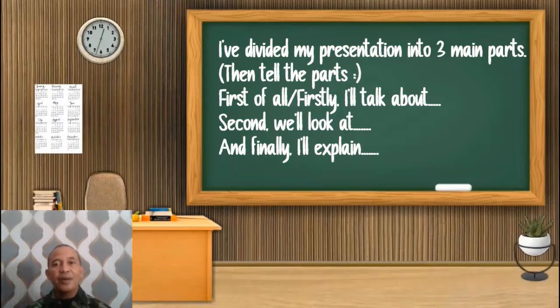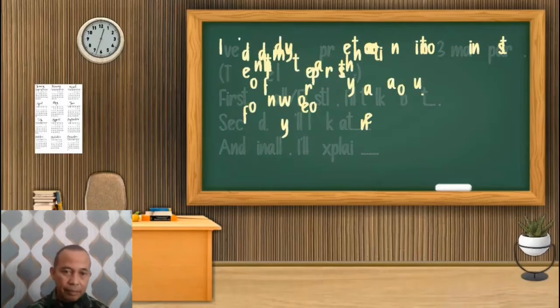So first of all, or you may say firstly, I'll talk about, and then mention the first main point that you have. And then after that, you say second, we'll look at, and then at the end, or this is the last one, usually we use the word finally. And finally, I'll explain, and then mention what. So again, it depends on the topic or the main points that you have.